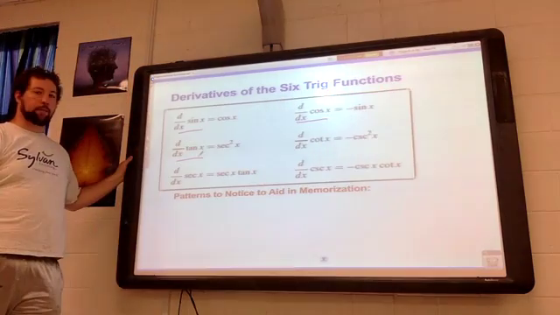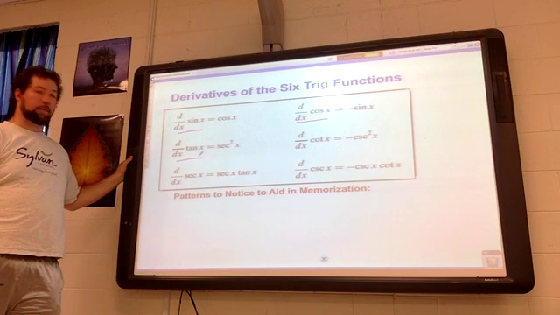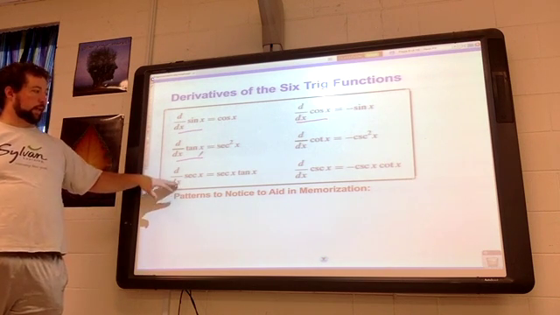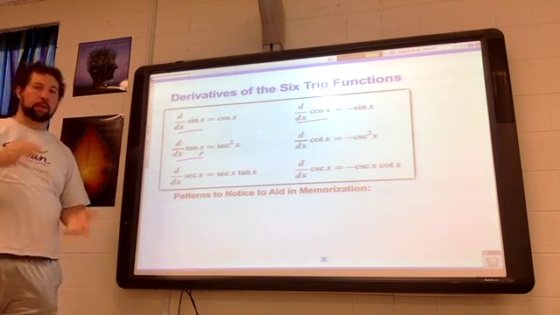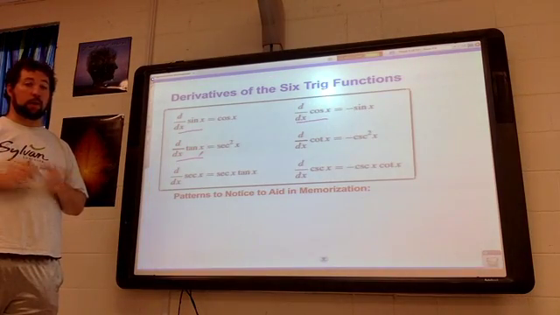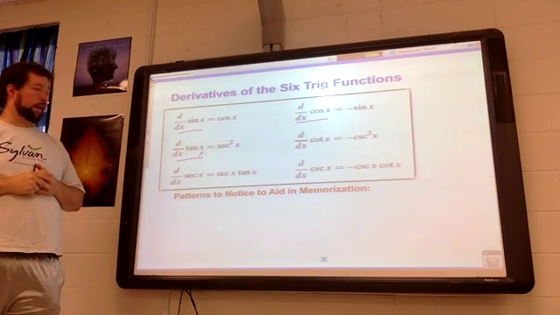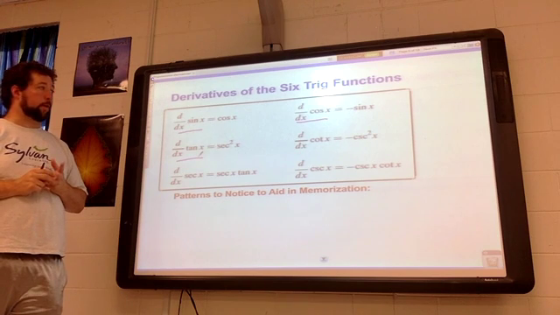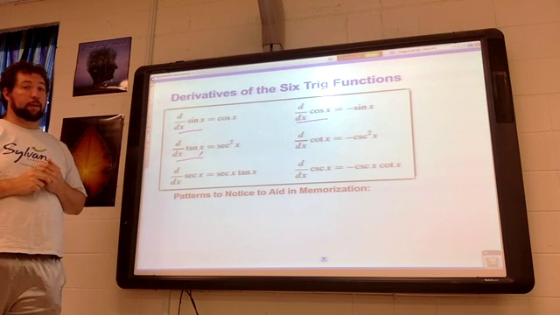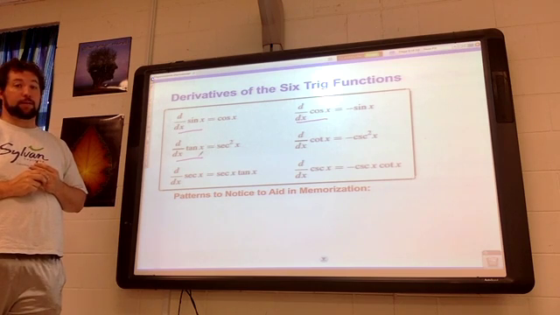And if you really want to, you can do similar things with secant, cotangent, and cosecant by doing some derivative rules, which we already know. You can do that on your own if you want to, or you can ask me come during my 8th block. But we just need to memorize these.